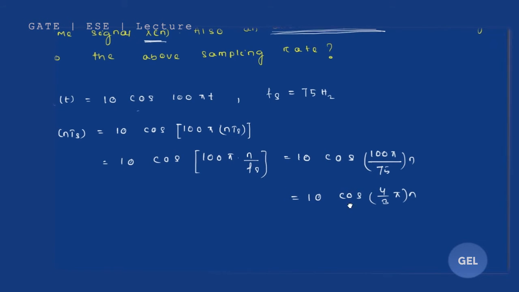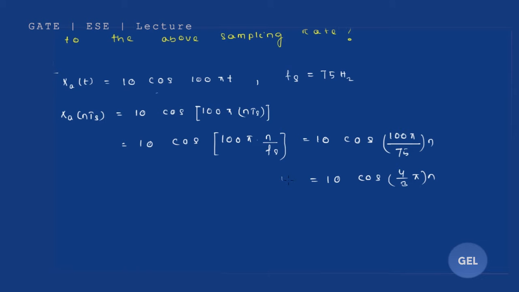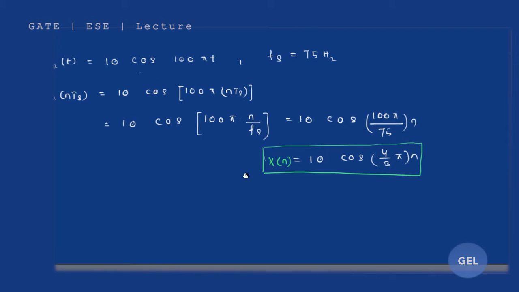Now what we got here? We got x(n). Look here carefully. Now 4 pi by 3 seems very difficult. No, look, 4 into 180 by 3 will be around 240 degrees, you know. It's a kind of difficult thing.